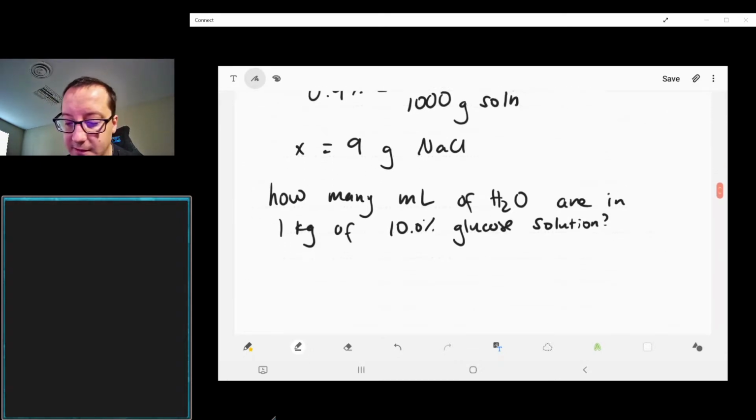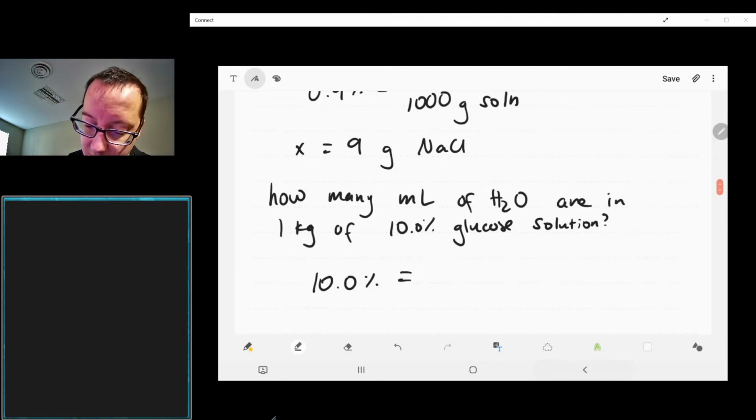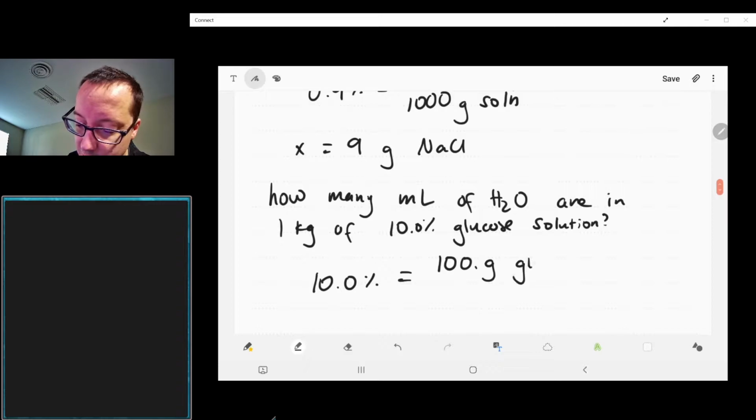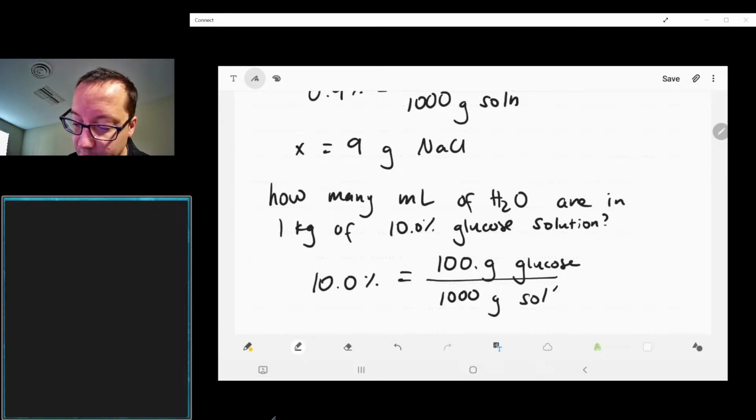So with this, that 10% glucose tells us we have 100 grams of glucose for 1,000 grams of solution, right? That's what the 10% means. So 10% of that solution is glucose.